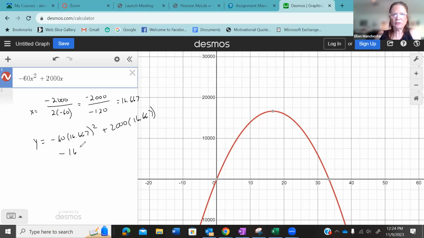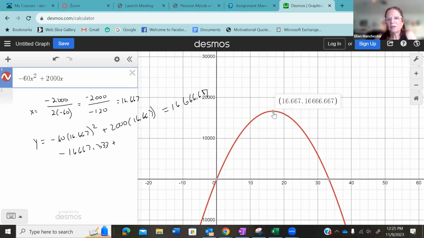And I get a negative 1667.33, plus 2,000 times 16.667. And I get 16666.67, and I'm just rounding it. Well, look, when I go back to my graph, my answers match.